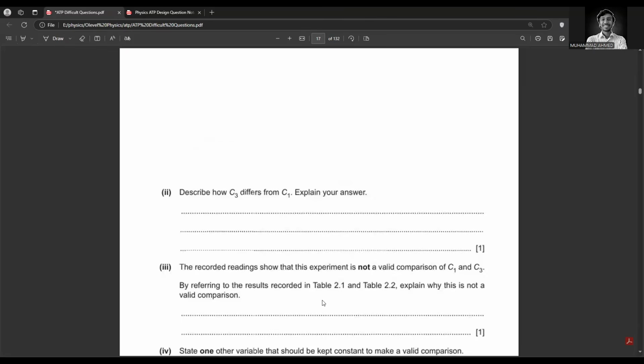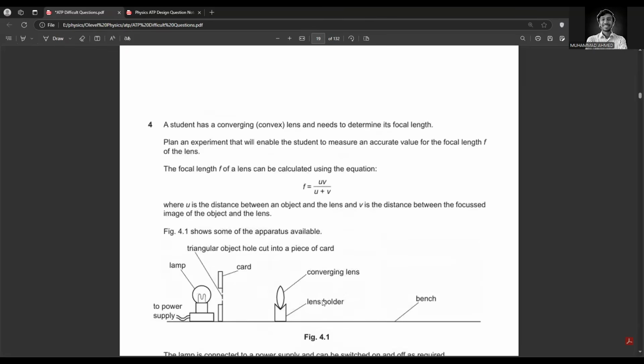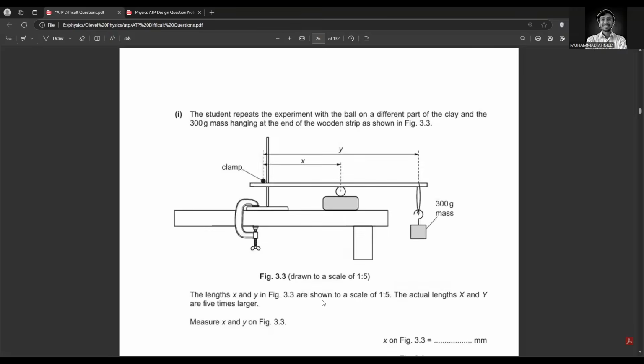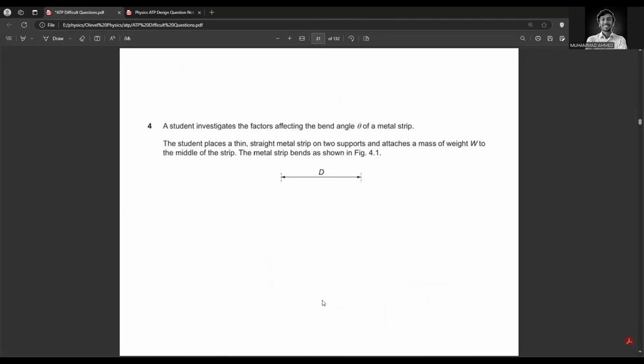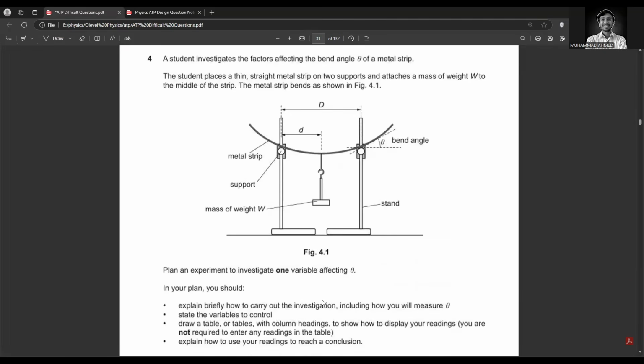A student investigates the factor affecting the bend angle of a metal strip. The student places a thin straight metal strip on two supports and attaches a mass of weight W to the middle of the strip.